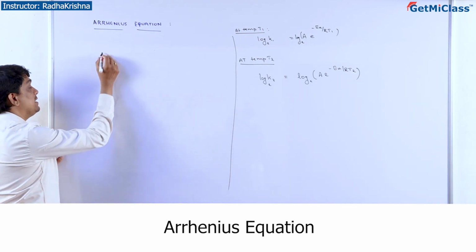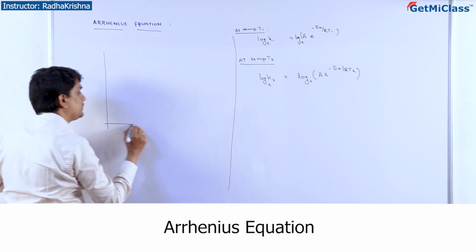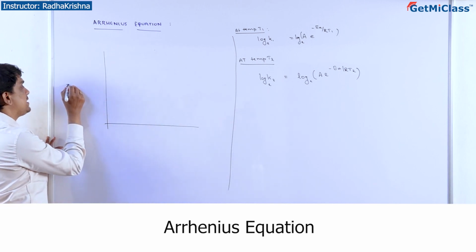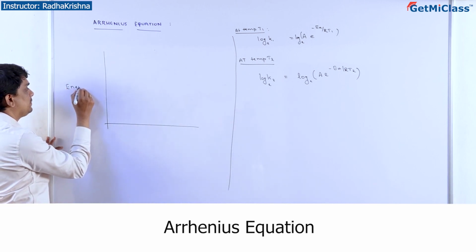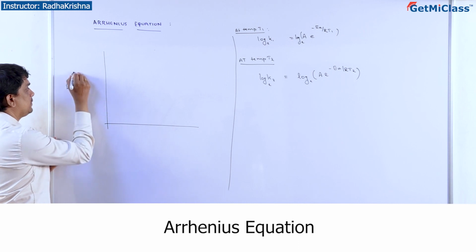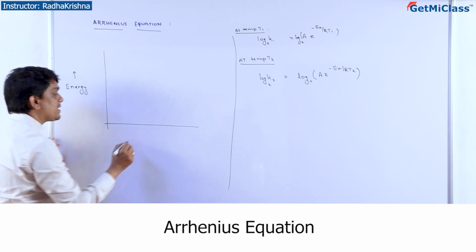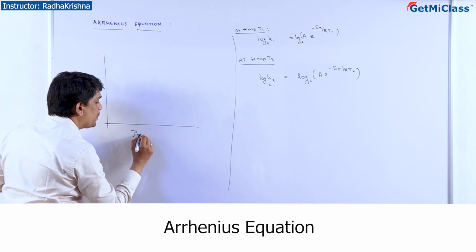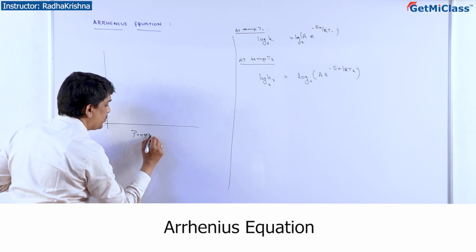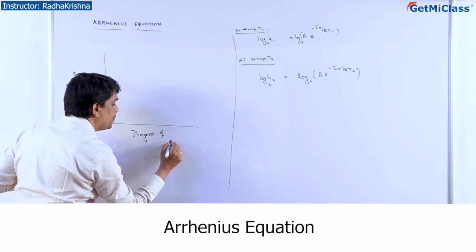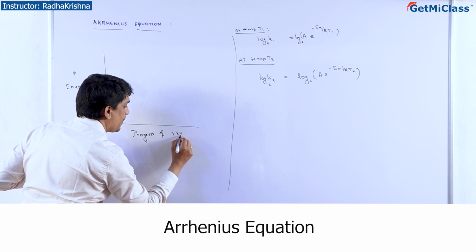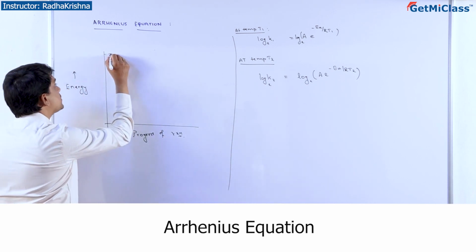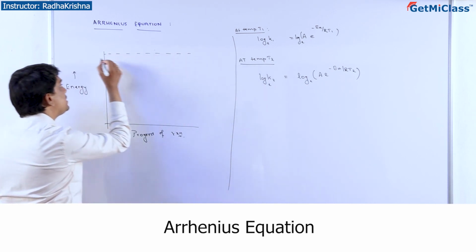Now everyone write this. Along the y-axis you show energy. Along the x-axis you write progress of reaction. Progress means reactant to product. You show this point as the threshold energy point.